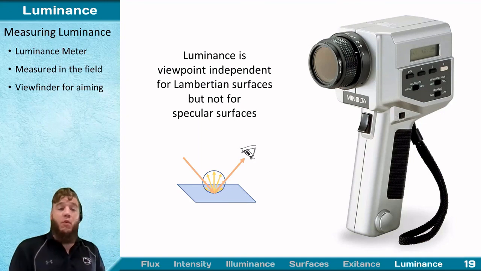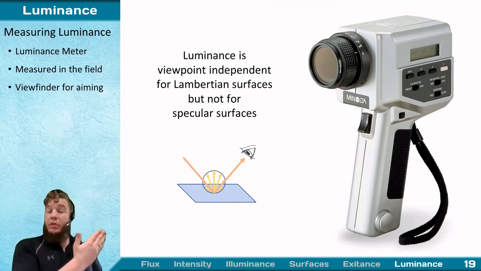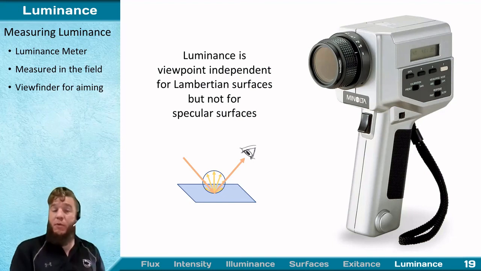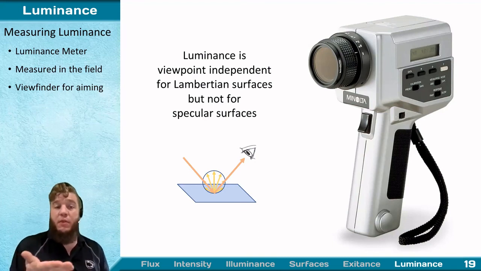So let's talk real quick about measuring luminance. We have luminance meters to do that for us. And these are, in fact, the meters that we'll be using in practicum tomorrow. Again, this is a field measured value, not something that's provided by the manufacturer, because this is about how light interacts with the actual surfaces in a real space.